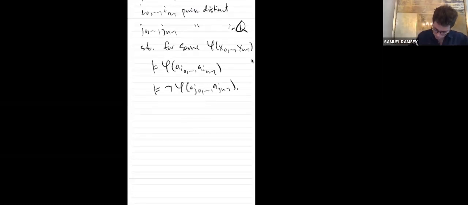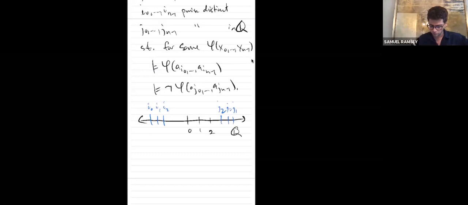Okay, so now let's just draw a picture very quickly. So here we've got our sequence indexed by Q, and sitting inside of Q, I've got some natural numbers, and we have our two tuples. Let's suppose they both have size 3. So here's like i_0, i_1, i_2, and then we have, I don't know, j_0, j_1, j_2, something like this.